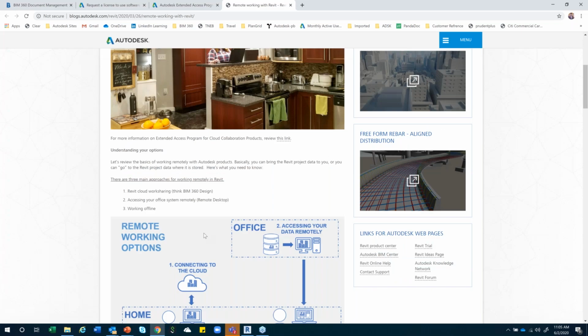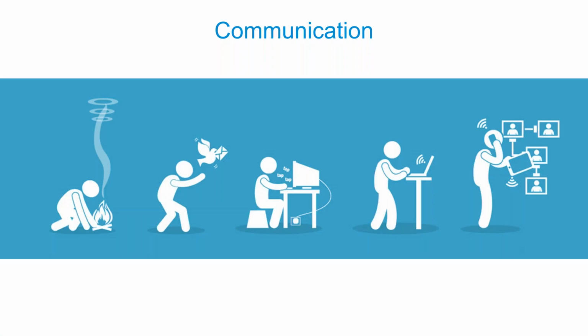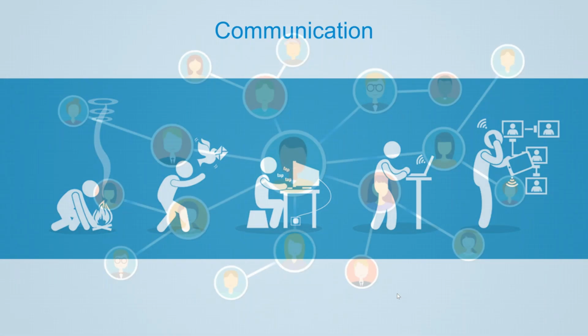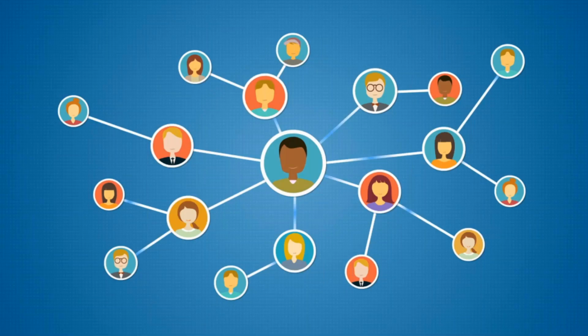So let's get started now. Talking about communication, we have come far with internet and mobile technologies, but the intent has never really changed. It has always been to communicate with the design team and stakeholders, internally or externally, and we have been struggling a lot with communication. Even with all these technologies for sharing data, it has brought us closer together while we are physically far apart right now.